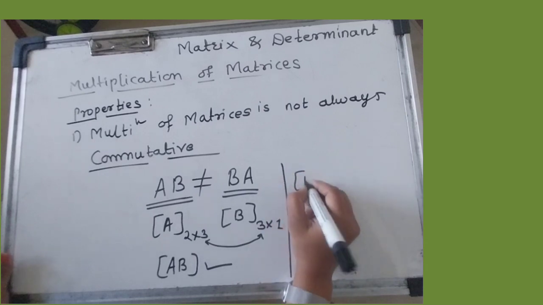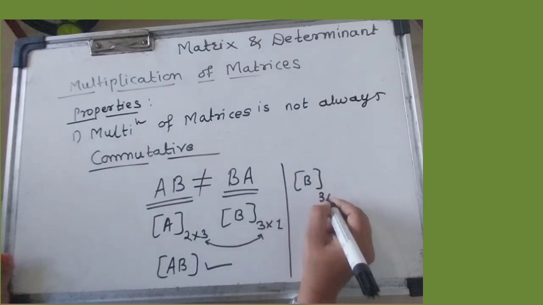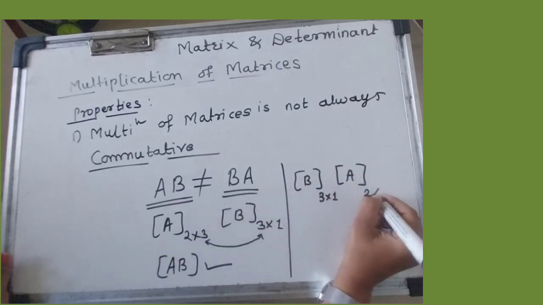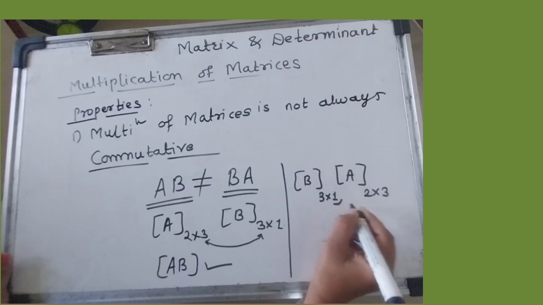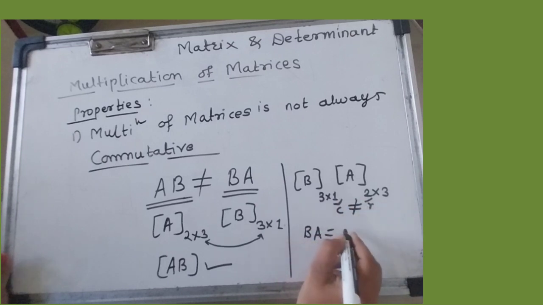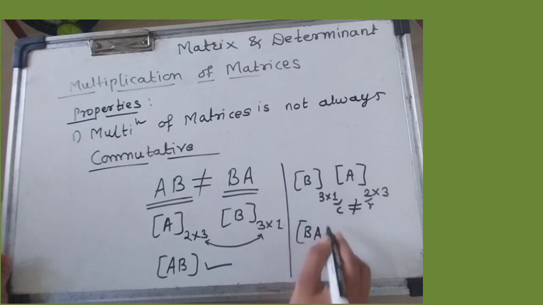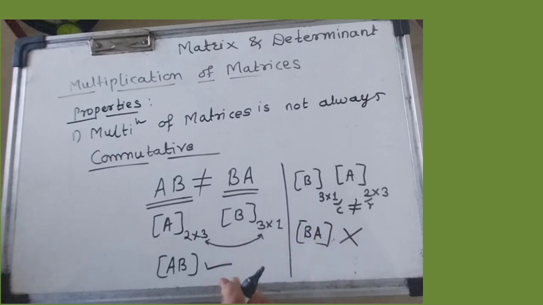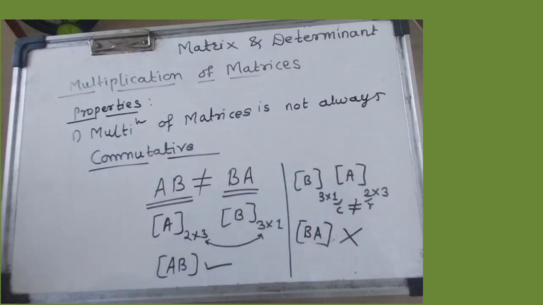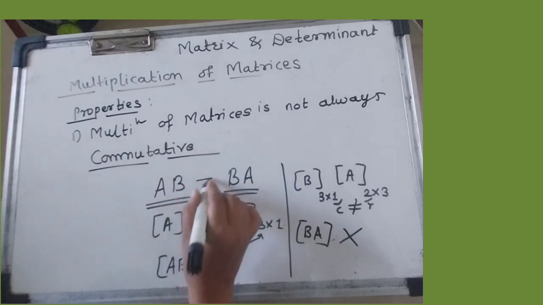See, B matrix is 3 by 1. A matrix is 2 by 3. See, the number of columns of the first matrix and the number of rows of the second matrix are not the same. So BA is not possible. Clear? That's why the multiplication of matrices is not always commutative. But sometimes, in exceptional cases, they are equal. Okay?